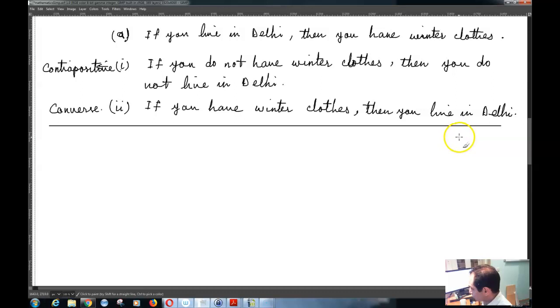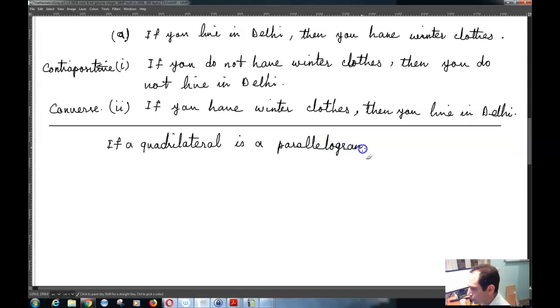The second statement B is, if a quadrilateral is a parallelogram, then its diagonals bisect each other.